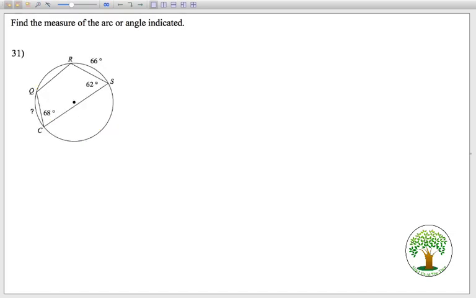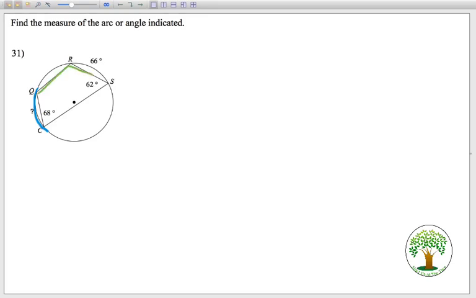All right, now let's do this one. Find the measure of the arc or angle indicated. Here's the arc we're looking for. There is not an intercepted arc for that one. But we do have some pieces.